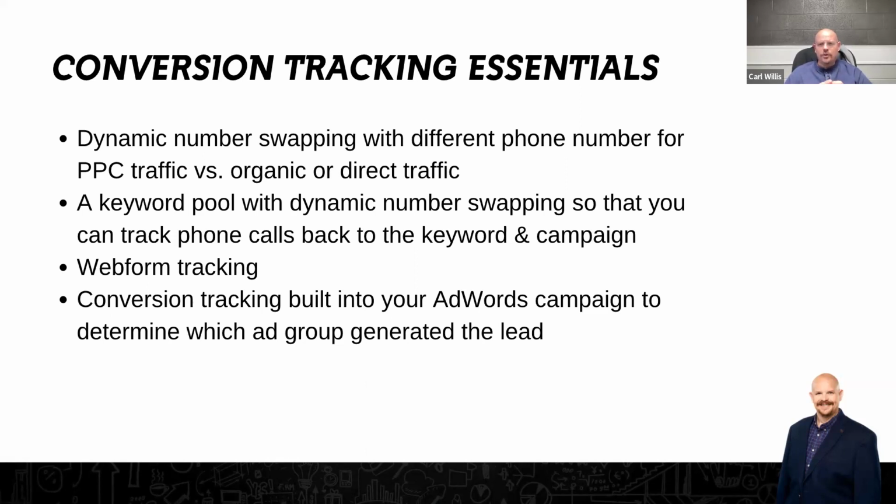For our clients where we're doing tracking, we use a platform called CallRail, where we know who the caller was, what the number was, what time it came in, and the call is recorded. So we even know what was discussed in that conversation. When you have dynamic swapping, it's even going to let you tie back to the keyword in the campaign.